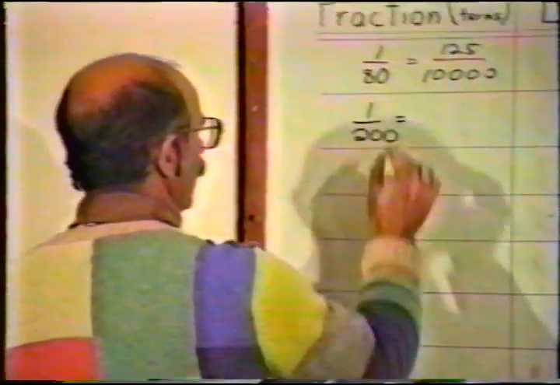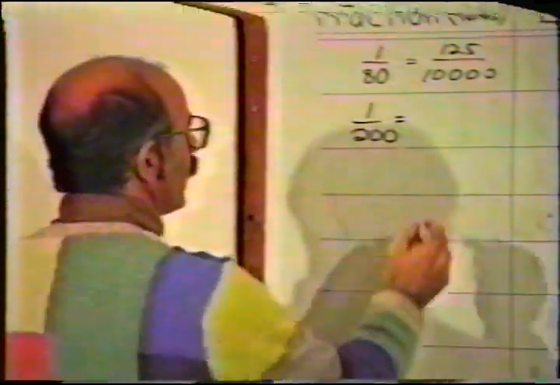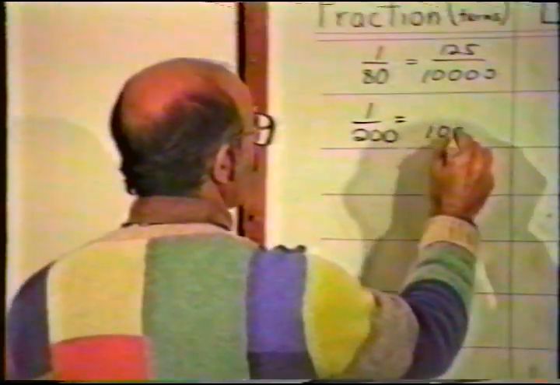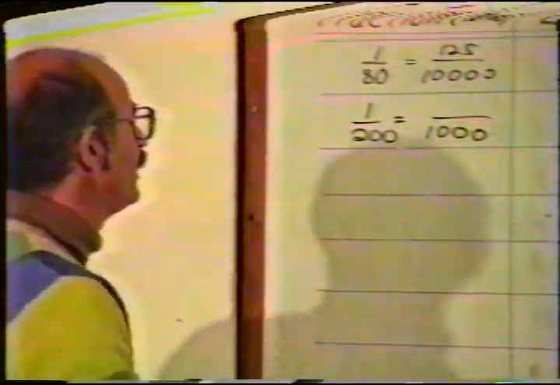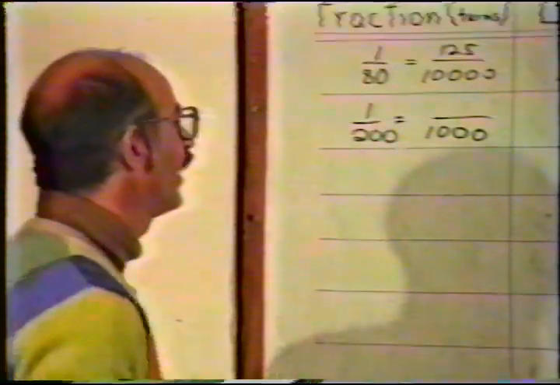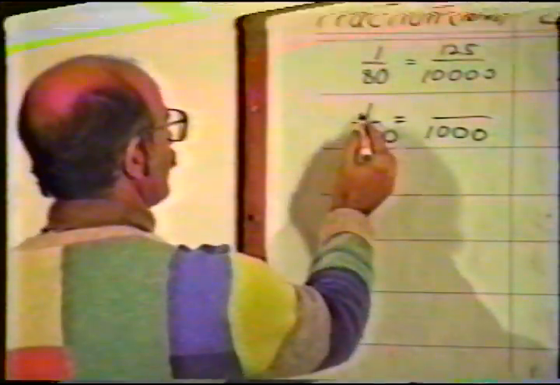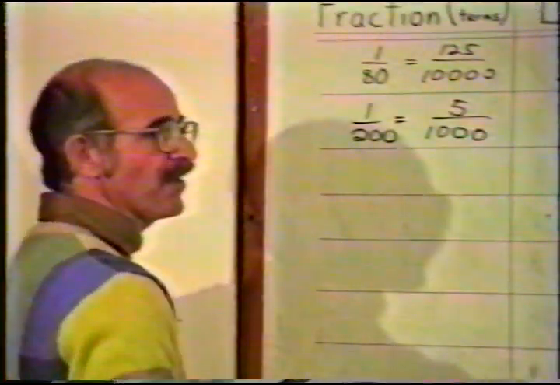1/200. We're going to raise that to higher terms, and we're going to have 1,000 as a bottom number. How many 200s in 1,000? 5. 5 times 1 is? 5. 5 thousandths.